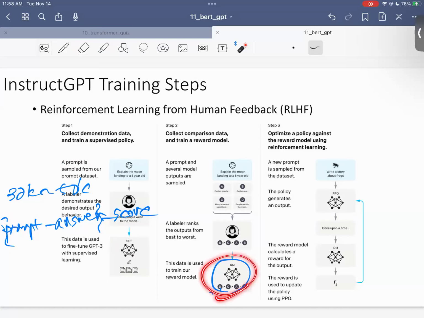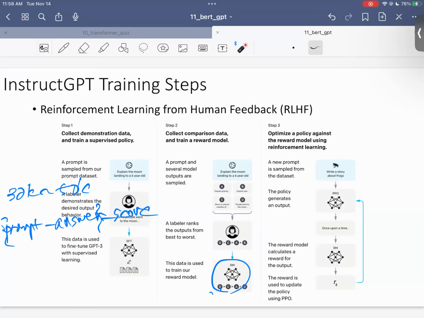Once you have a reward model, you can start doing reinforcement learning, because this becomes a simulator. GPT-3 is further trained to maximize the score given by this reward model. Given the input, it generates an output and feeds that output to the reward model. If the reward model says 5, that's a good signal. If it says 1, that's a bad signal.